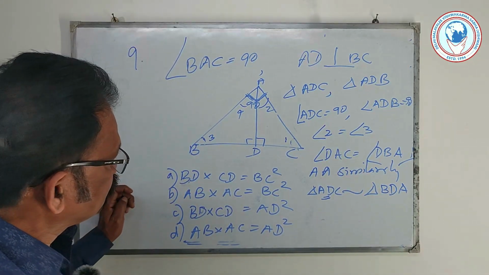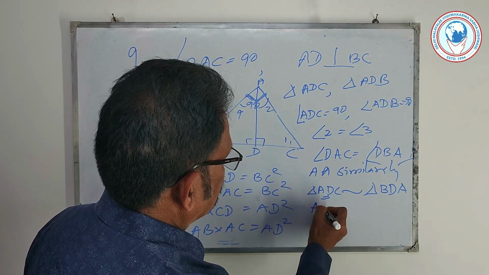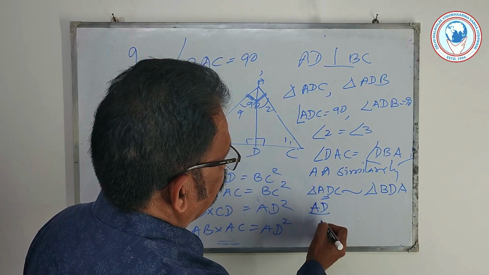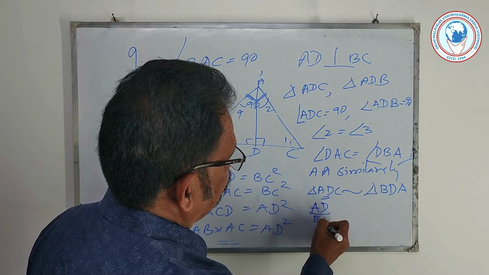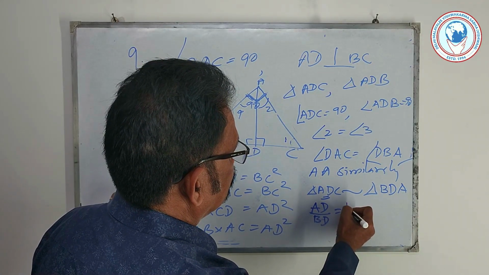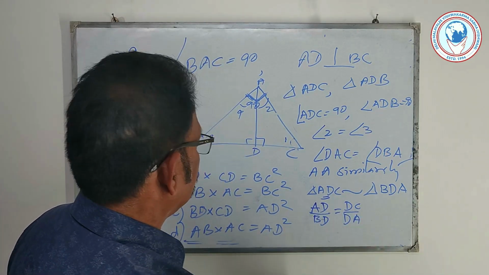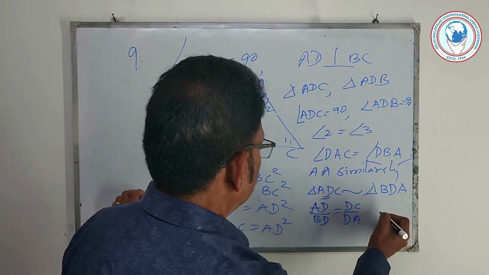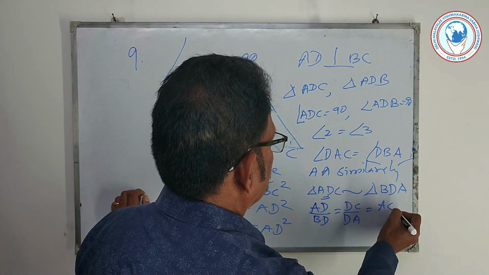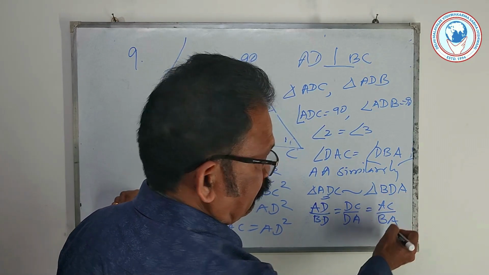Now therefore, we get AD by BD equal to DC by DA is equal to AC by BA.